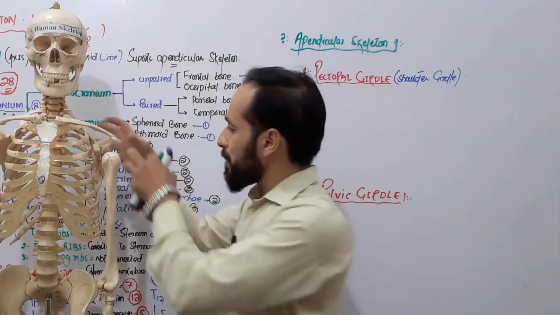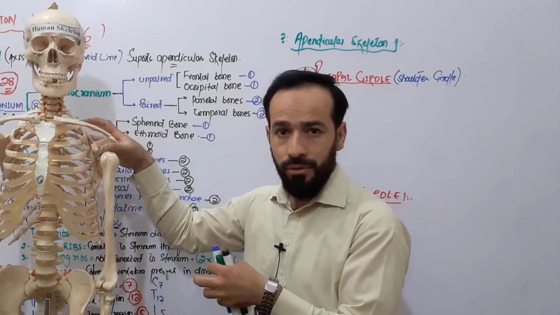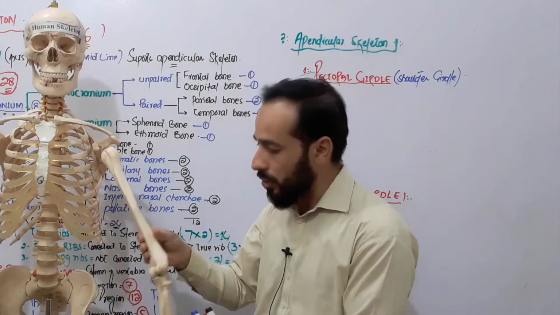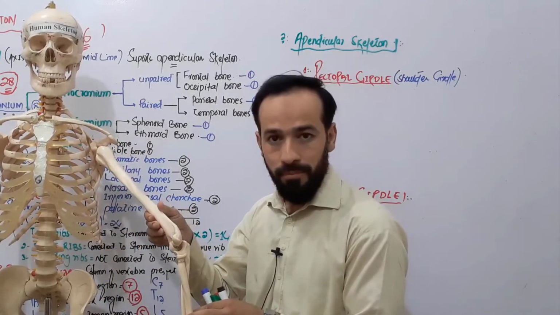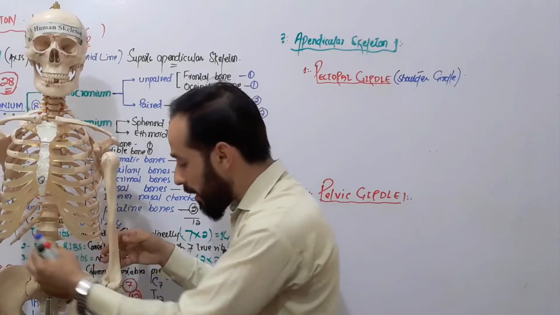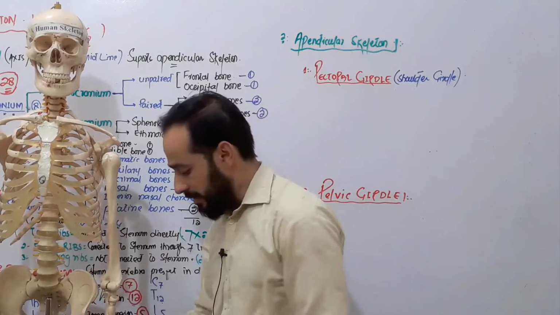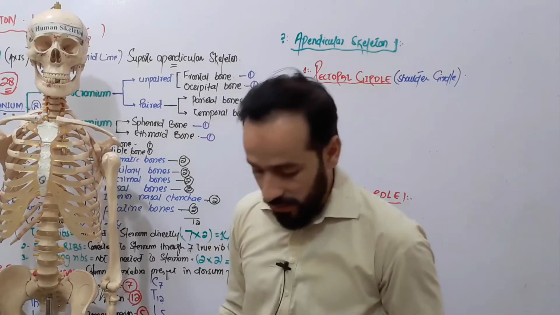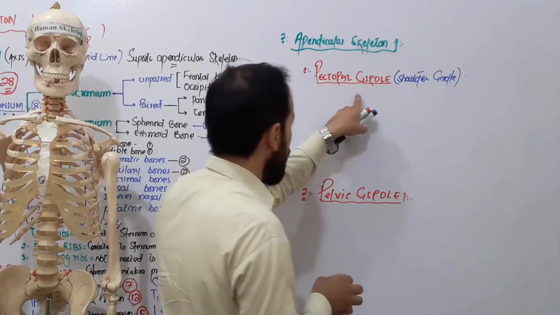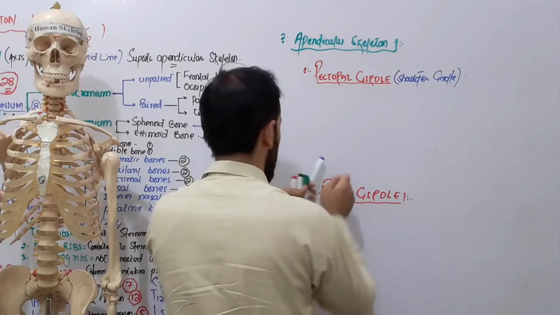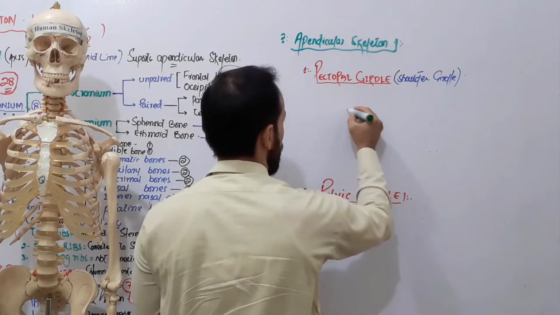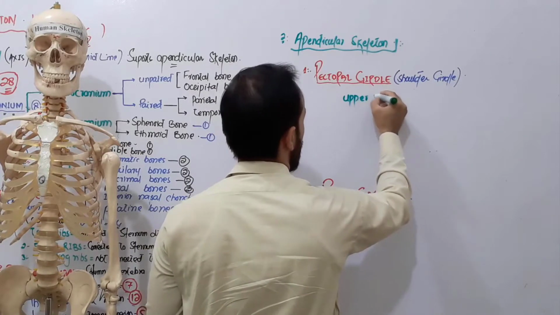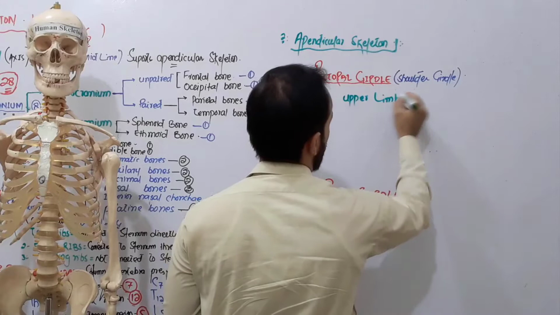Along with your pectoral girdle, there is the connection of your upper limb, on both sides. And along with the pelvic girdle, there is the connection of your lower limb. So with the pectoral girdle, we will discuss the upper limb bones.